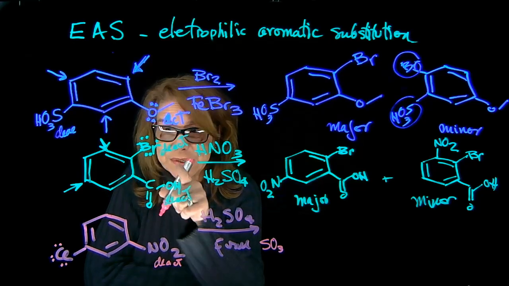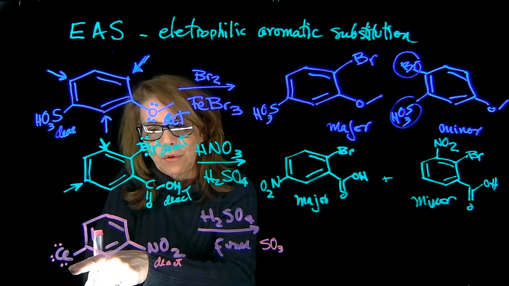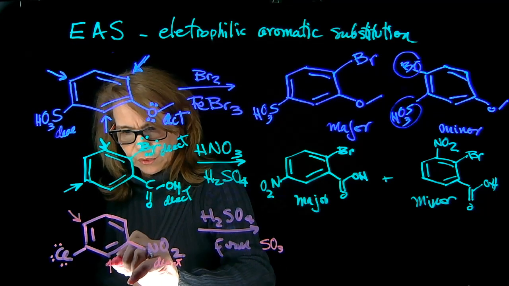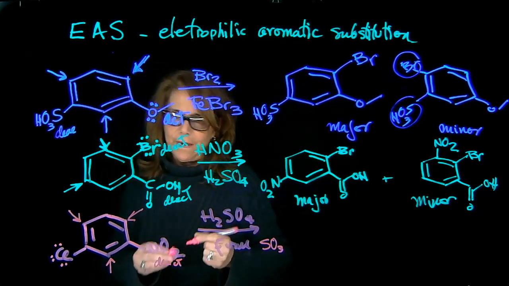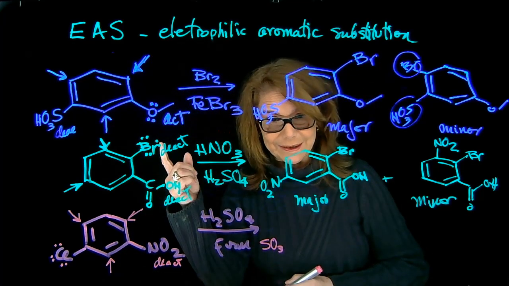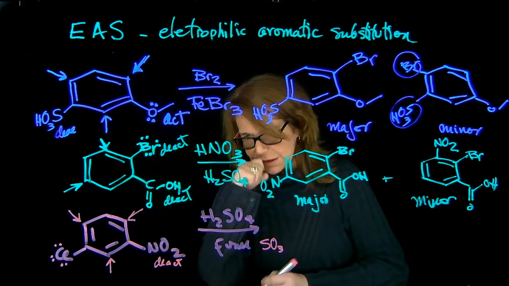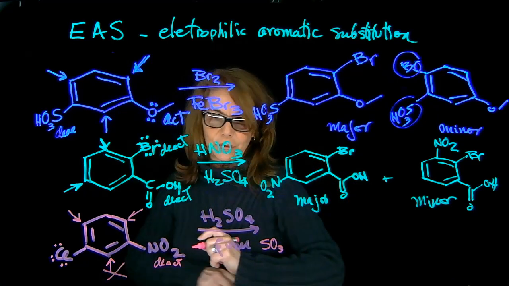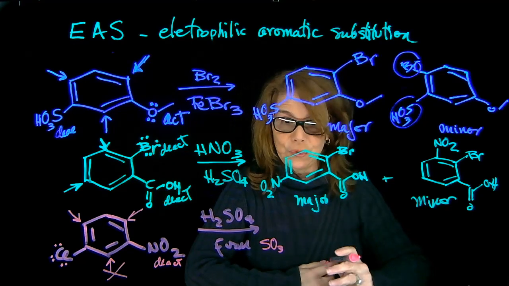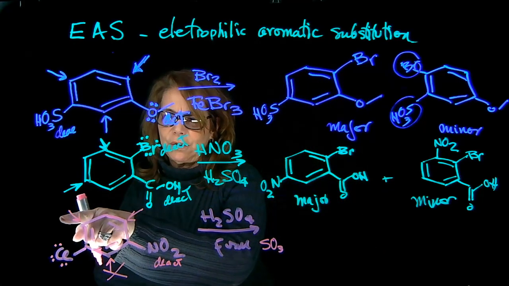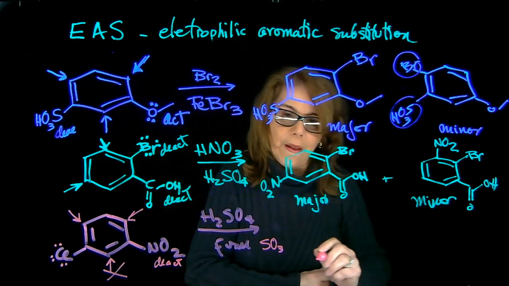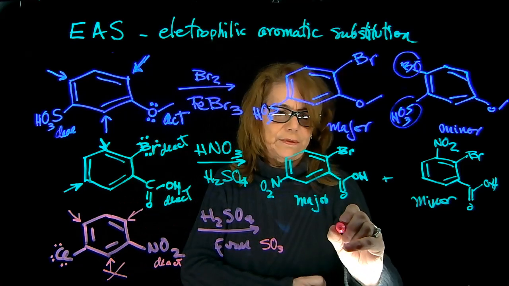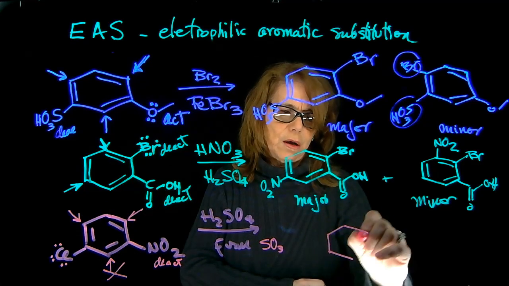And halides are, as we said before in the previous example, ortho-para directing. So this is going to be ortho to the chlorine, para to the chlorine. Now you need to analyze sterics as well. So these three positions, notice that this position here is in between these two groups, which is unlikely to form due to sterics. Now you have the ortho to the chlorine here or para to the chlorine. So the nitro group is a little larger, so I say the major product is going to be ortho to the chlorine.